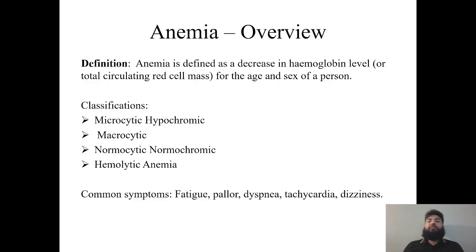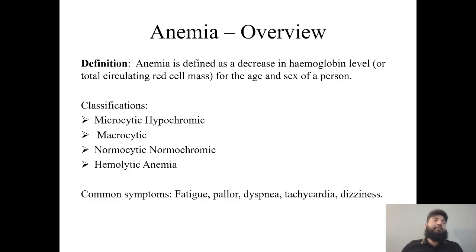Anemia is defined as decrease in hemoglobin level or total circulating red blood cell for age and sex of a person. What it means is the hemoglobin varies between different ages. For example, in newborn babies, the hemoglobin level is from 14 milligram per deciliter to 24 milligram per deciliter as compared to adult male, which have hemoglobin from 13.5 to 17.5 milligram per deciliter, and in female the hemoglobin is less as compared to adult male.